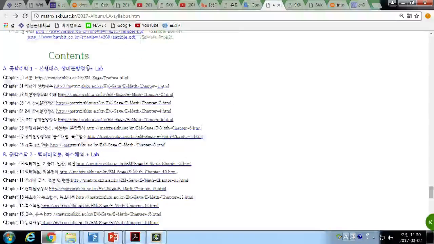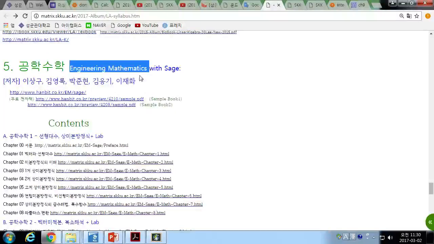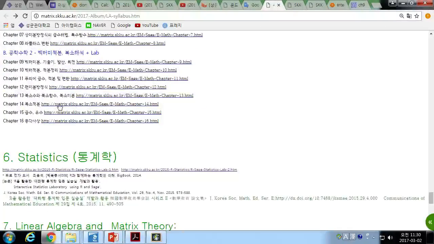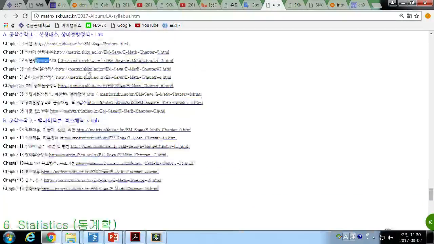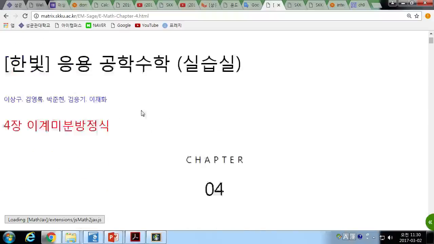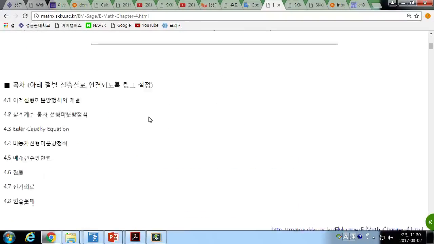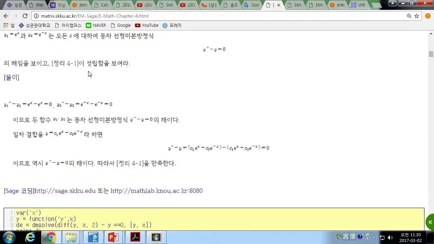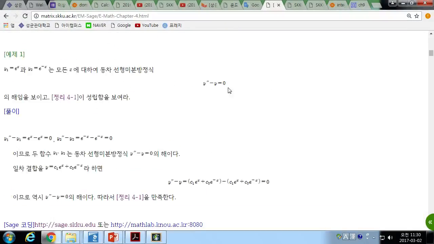So in engineering mathematics, you must have covered linear algebra and differential equations and Laplace transformations and complex variables and Fourier analysis and conformal mappings, etc. For example, for the second order differential equations, this is what you have learned and how to solve this differential equation, which means an equation that involves derivatives.